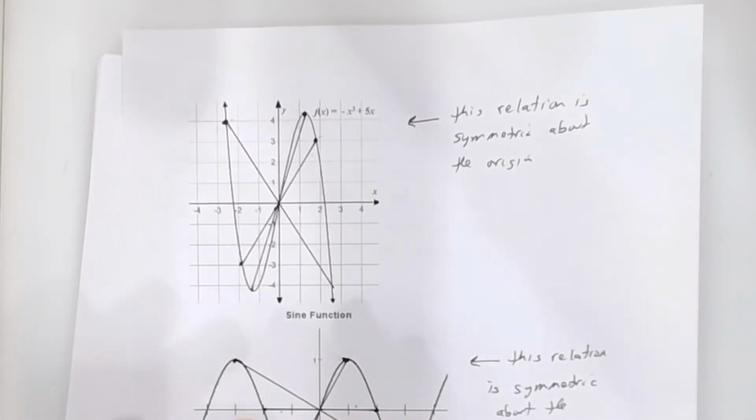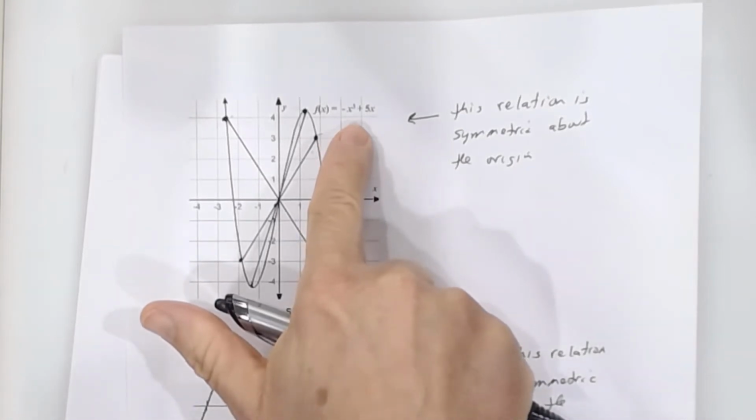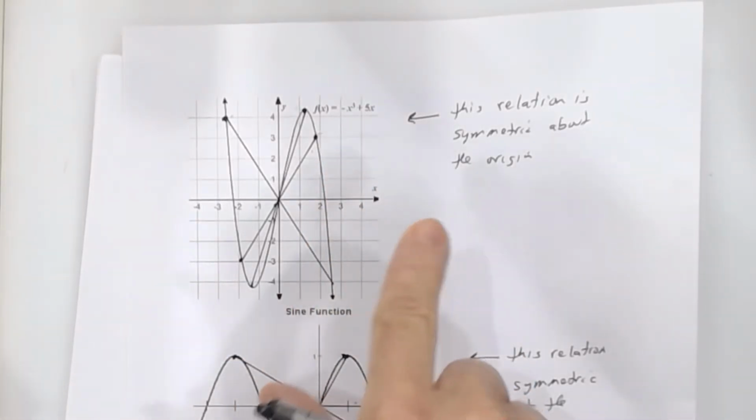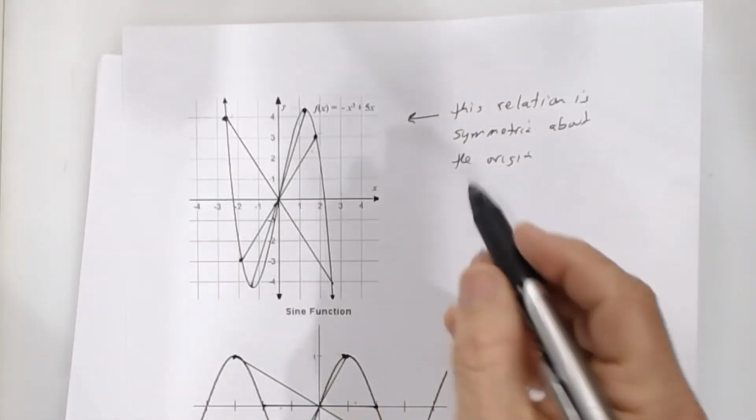Okay? Now let me explain why. When you look at this right here, the exponents of the variables, they're odd, right? If I were to move it up or down, let me remind you about something.